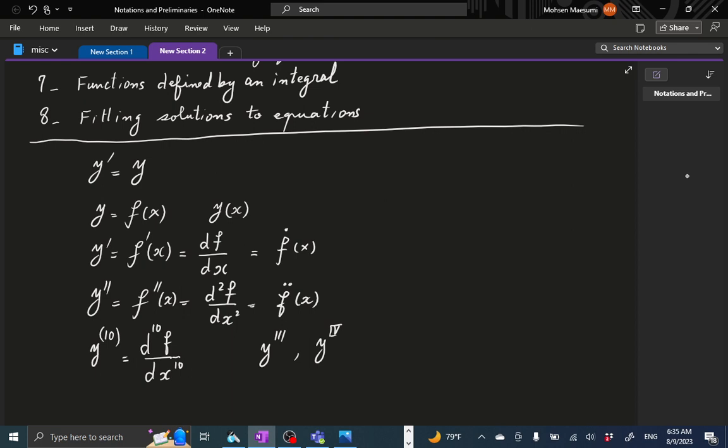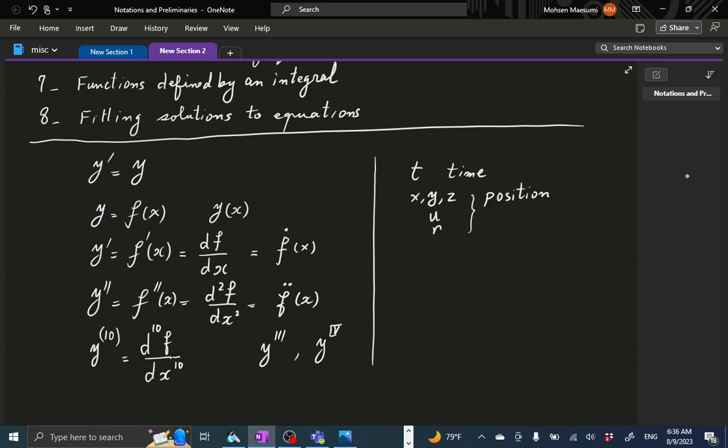Now y and x are of course very generic, they have no meaning attached to them. In many of our applications we are going to use more meaningful variables. So typically t is reserved for time, and then we have x, y, z for position, and sometimes in order not to discriminate between them you might use u to indicate the position, or r is another favorite to indicate position of a particle.